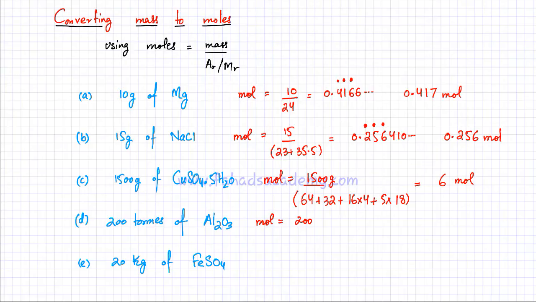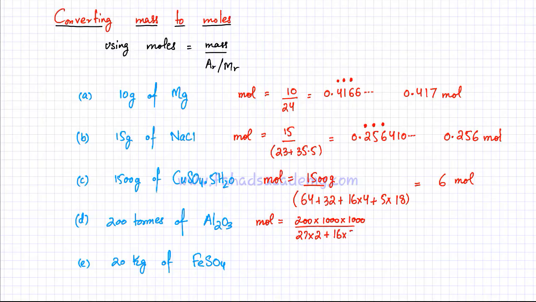So converting 200 tons, I would have to first convert that into kg, so I multiplied by 1000, and then I would have to convert those kgs into grams, so I multiplied by 1000 once more. So I'm going to multiply it by 1000 twice, divided by the MR of aluminium oxide. Aluminium is 27 in the periodic table, so there are 2 aluminiums, which is 27 into 2, plus 16 into 3.